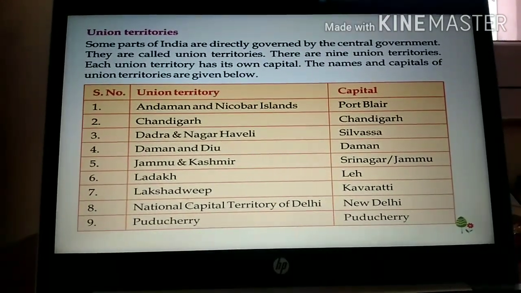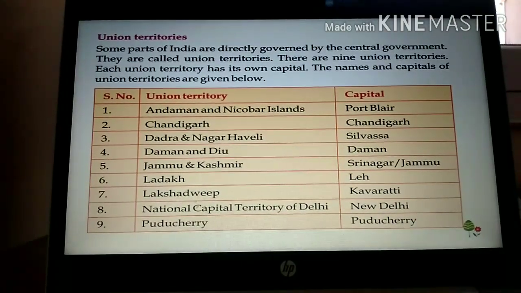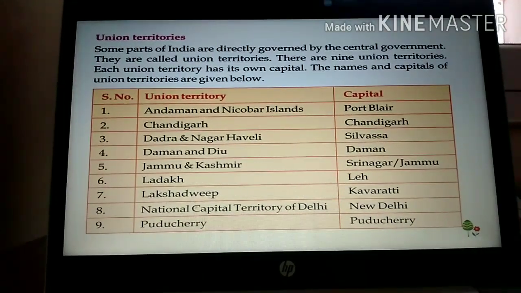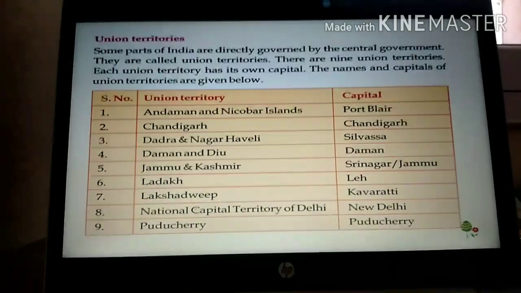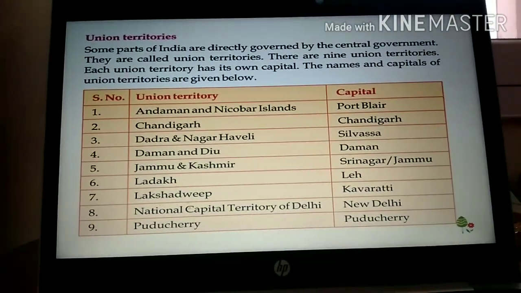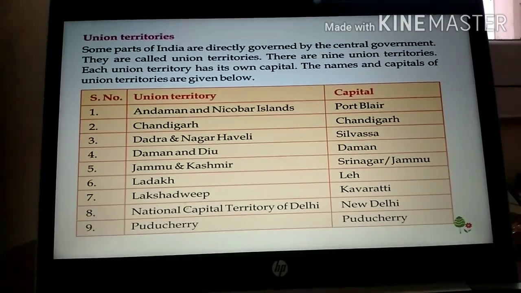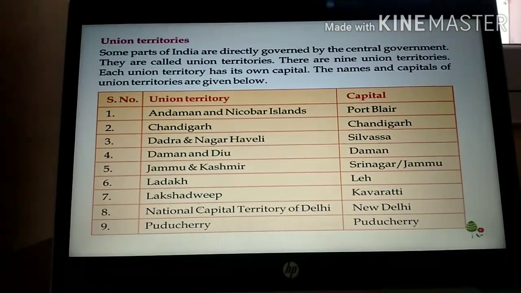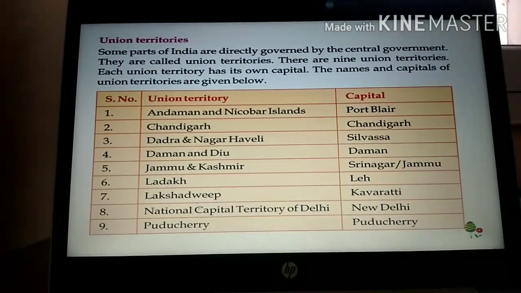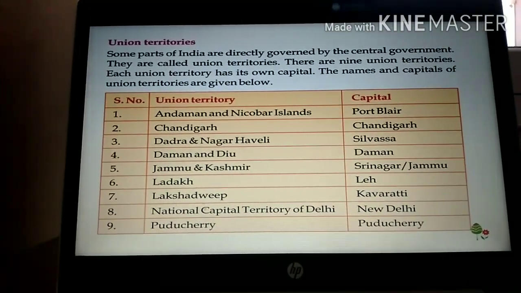Dadra and Nagar Haveli, Silvassa. Daman and Diu, Daman. Jammu and Kashmir, Srinagar in summers and Jammu in winters. Ladakh, capital is Leh. Lakshadweep, capital is Kavaratti. National Capital Territory of Delhi, capital is New Delhi. And the 9th Union Territory is Puducherry, and the capital is Puducherry itself.